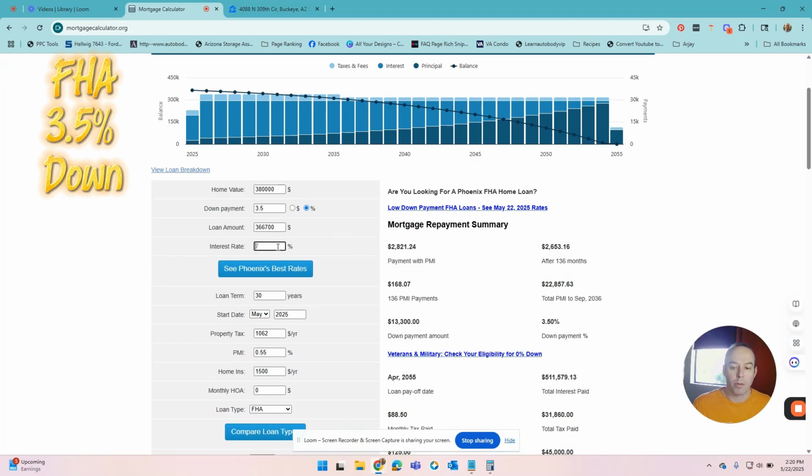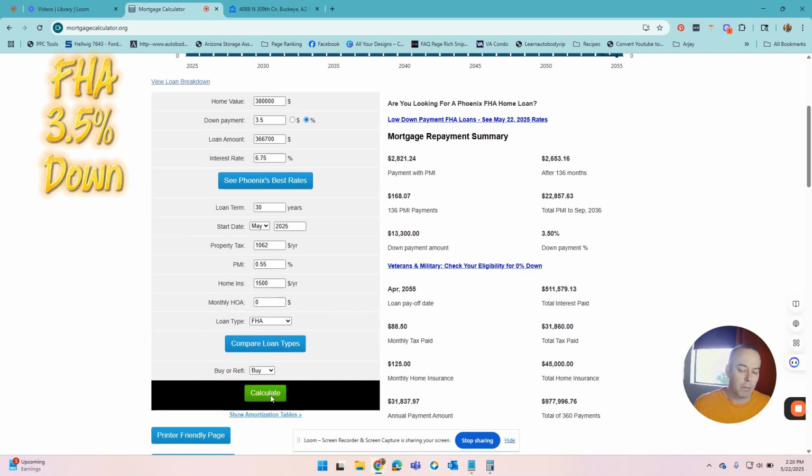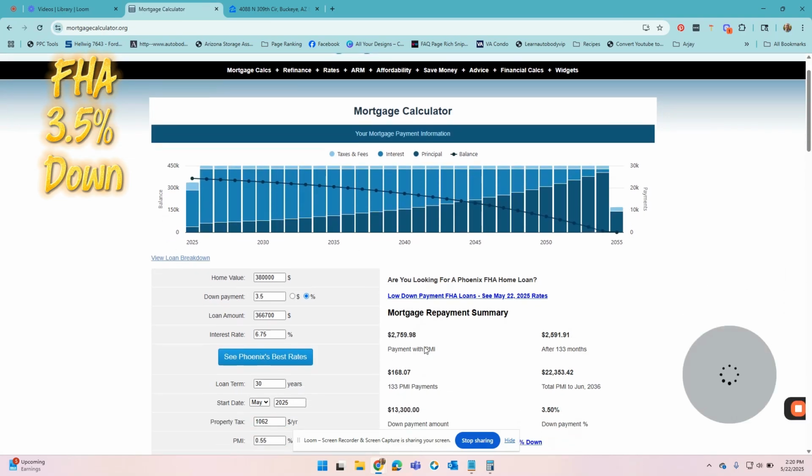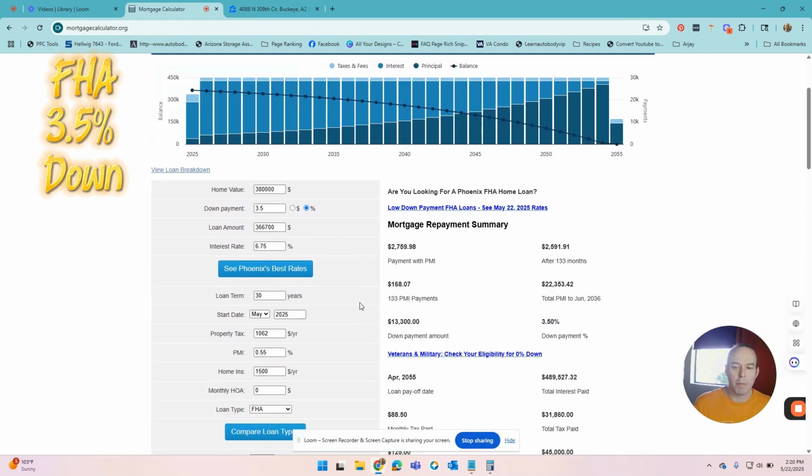Now the cool thing about FHA is you're gonna gain about a quarter point in interest at no cost. FHA tends to have a little bit better rates, assuming you have a decent credit score, 680 plus for this example, I would say. Let's calculate that, 6.75. Now we're under the conventional loan payment, apples to apples, pretty much.